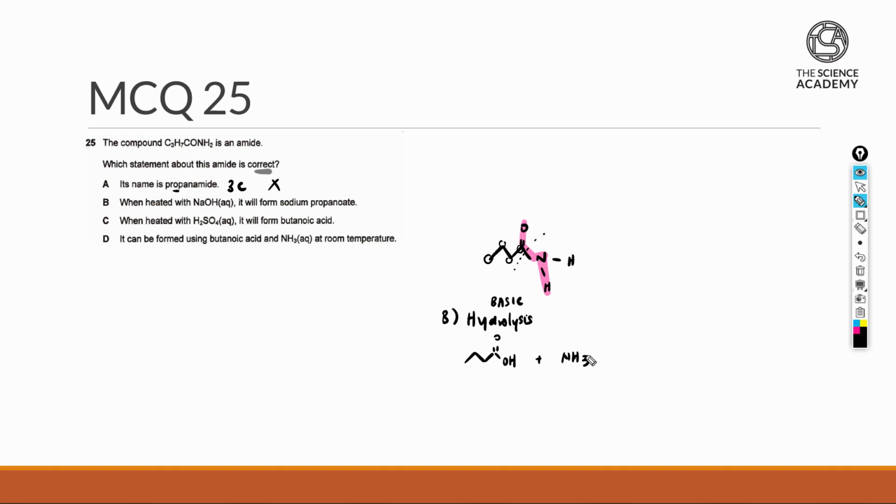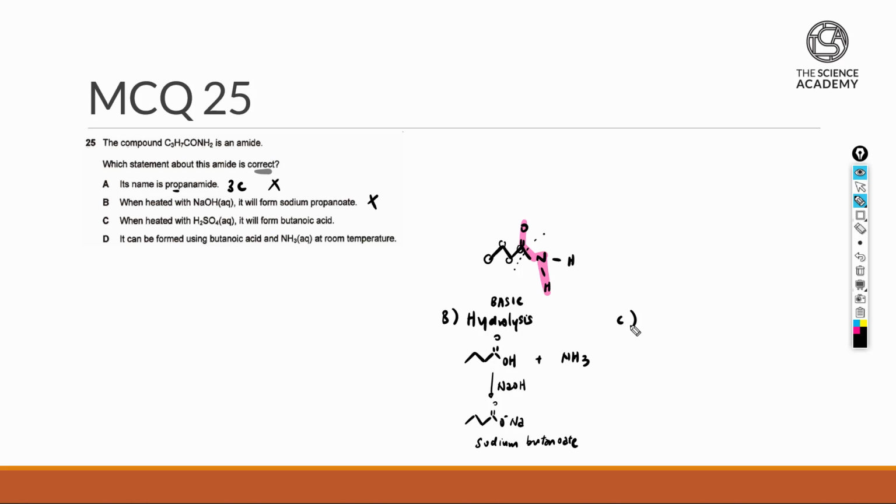But because this is a basic hydrolysis in the presence of excess alkali here, we're going to have a neutralization event to have us end off with a sodium butanoate, because this is a 4 carbon carboxylic acid salt. So no go for option B.